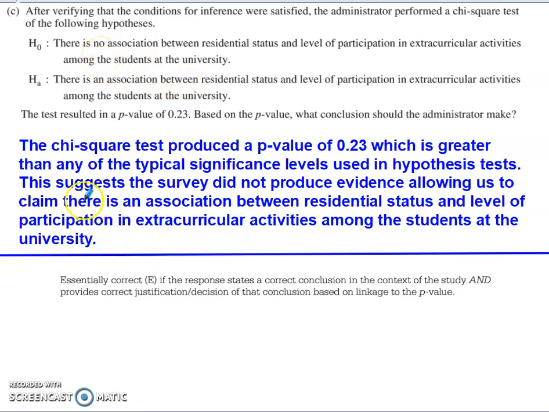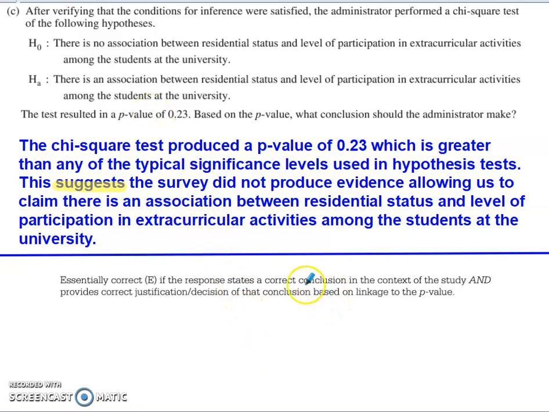Now, if you look at my phrasing here, I've got this word here. The scoring guidelines, this particular one doesn't do it, but some of the more recent scoring guidelines use the phrase non-deterministic language. You want to make sure when you're developing a conclusion like this that it is in context, right? So the conclusion has to be in context. So if you look at my second sentence here, I've basically rephrased the null hypothesis and the fact that I don't have evidence suggesting that I can side with it.